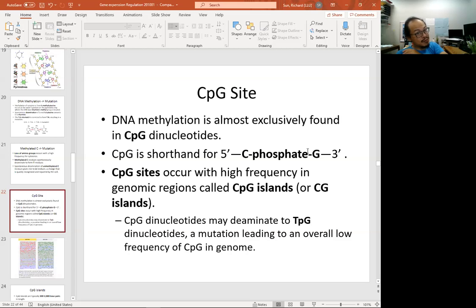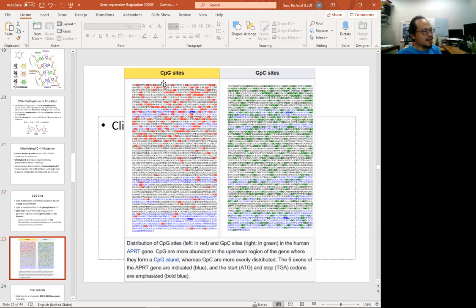Okay, so that sequence means something, right? If we compare CpG versus GpC, we can see that the CG sequence disproportionately happens in a small range of the DNA code.